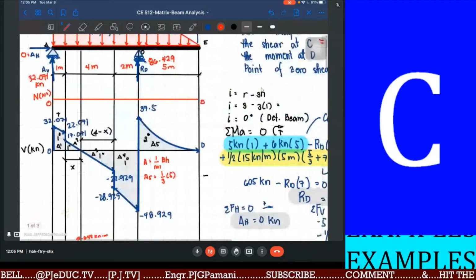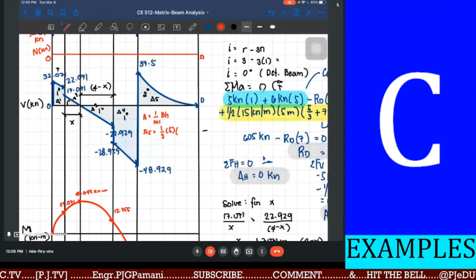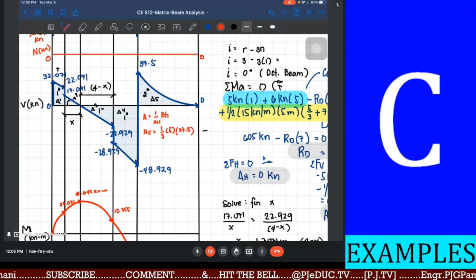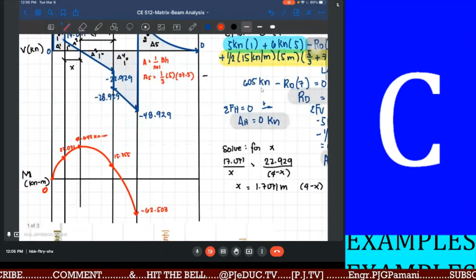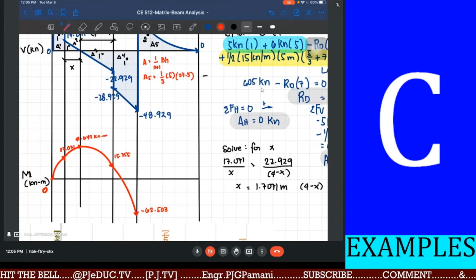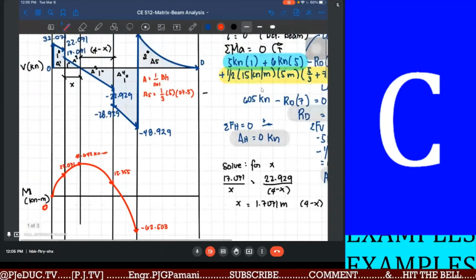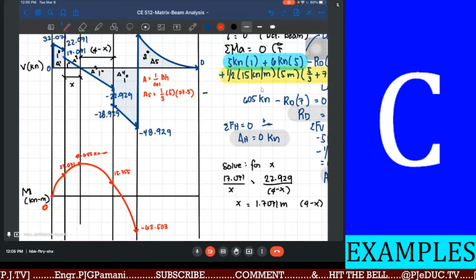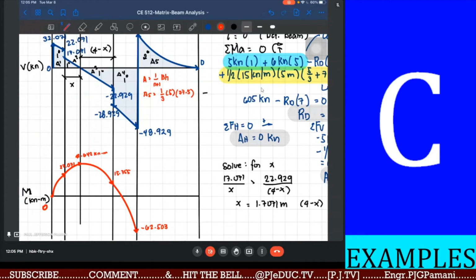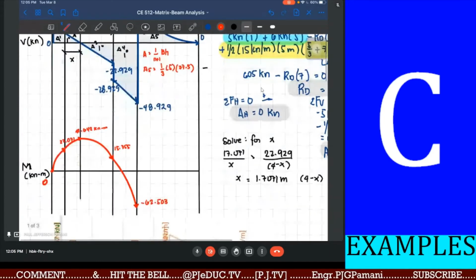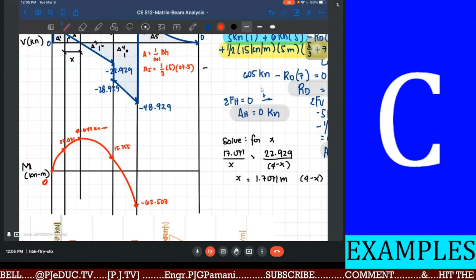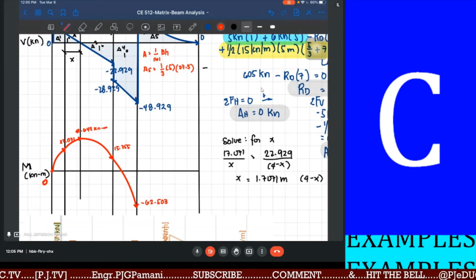Height is 37.5. Okay? So, negative 62.503 plus, dahil nasa positive side, 1/3 of 5 times 37.5. Basically, that is negative 0.003. More or less, that is 0.